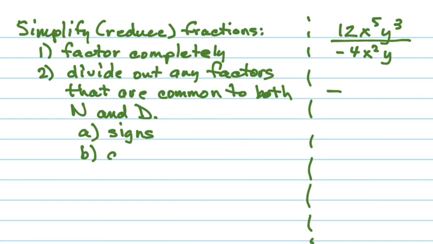Then you'll do the coefficients, which the coefficients of a term simply mean the number. So 12 will divide evenly by 4, so that's not even reducing, that's just division. So 12 divided by 4 is going to leave you what? 3. Negative 3. And so we already have our negative there.